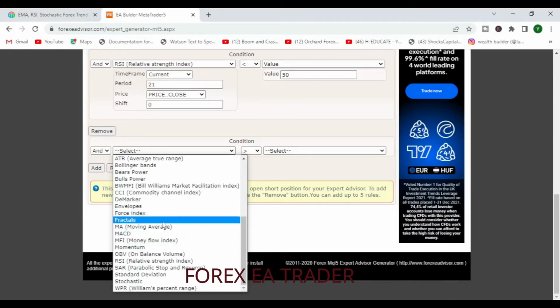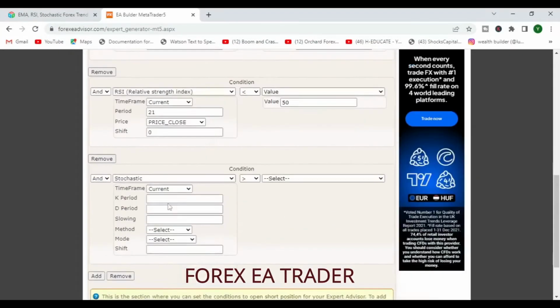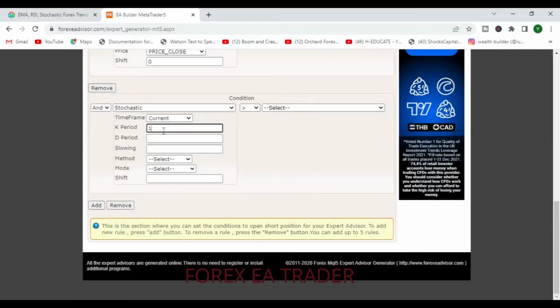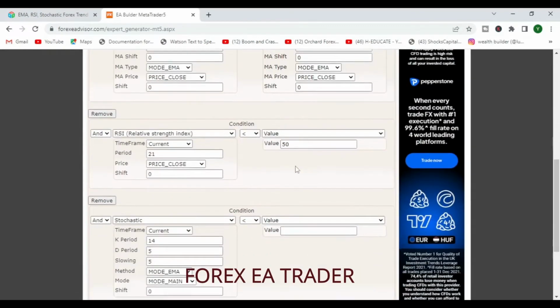If I remember, it was 14.55 stochastic. Just trying to speed up things. 14.55. And EMA, if I'm moving too fast, you can rewind anything that you probably did not catch, and it needs to be below value 50.